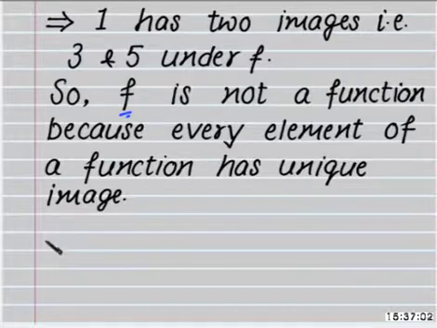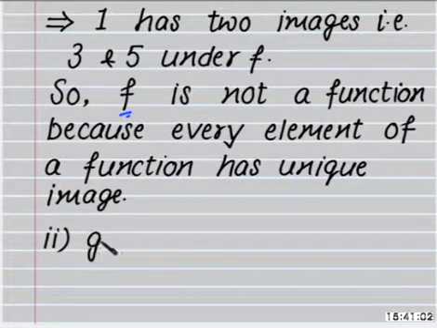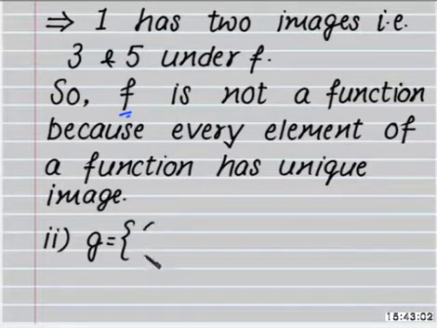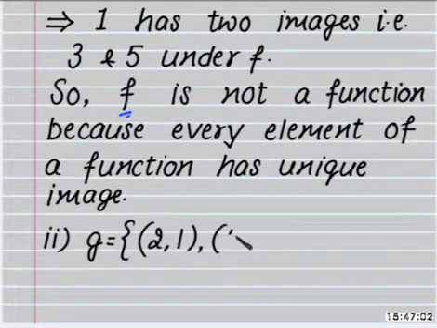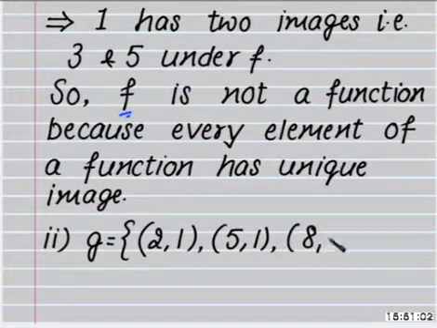Now for the G, which is the set of ordered pairs (2, 1), (5, 1), (8, 1) and (11, 1).